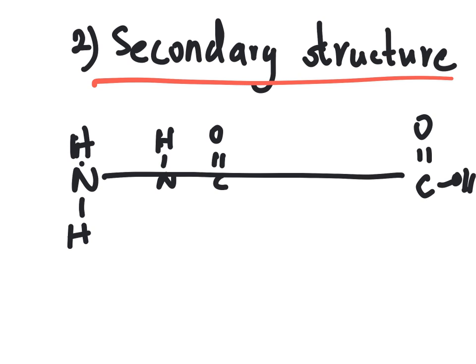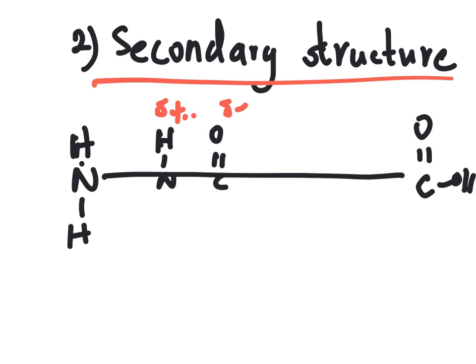So between these two groups, that is this oxygen and hydrogen, there will be an attraction, because this oxygen is polar, it attracts the bond electrons towards itself, so it becomes delta negative. And this hydrogen becomes delta positive, because this nitrogen is more electronegative, so it pulls the electrons towards it. So this delta positive and delta negative will have an attraction force, right?